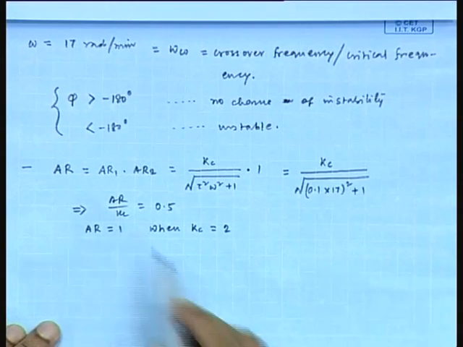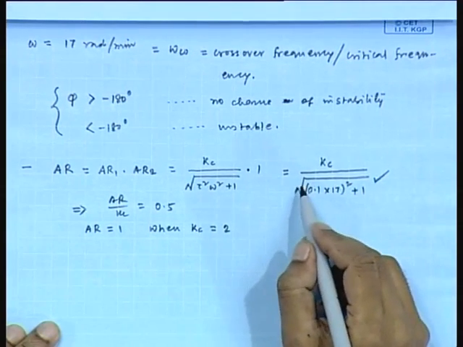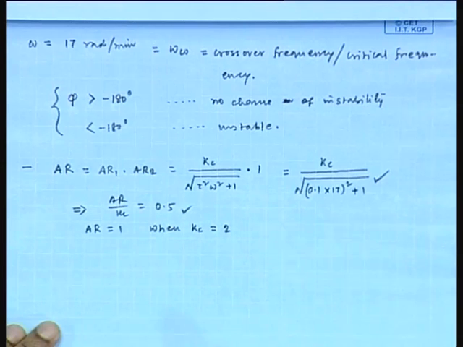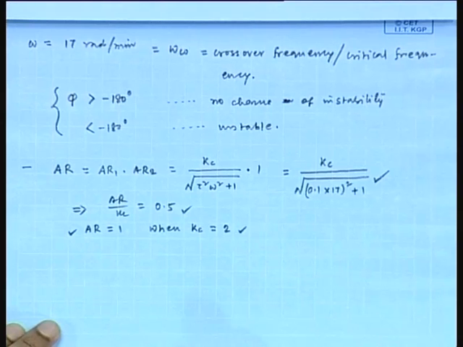Fine. Amplitude ratio is this. Now, calculating this denominator, we can write amplitude ratio by Kc equal to 0.5. Then we can say that we obtain amplitude ratio equal to 1 when Kc is equal to 2.